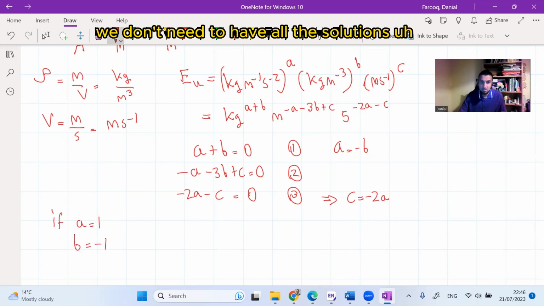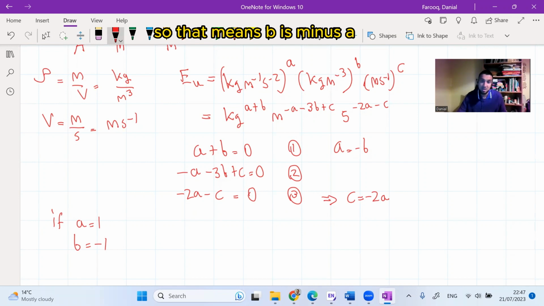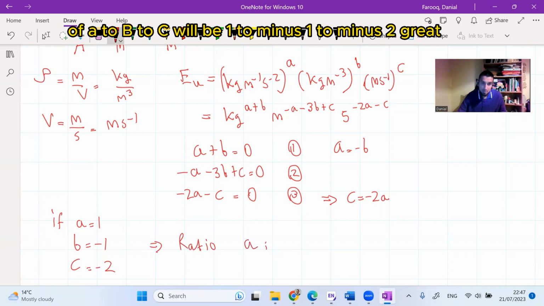We don't need to have all the solutions. B would equal -1 because A is minus B, so that means B is minus A. And C equals minus 2A, so C would equal -2. So then the ratio of A to B to C will be 1 to -1 to -2. Great.